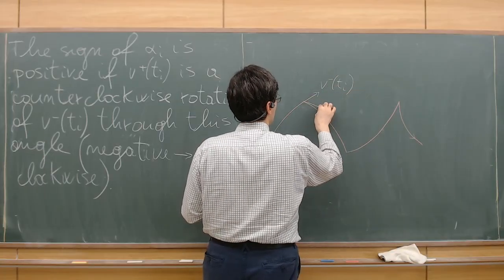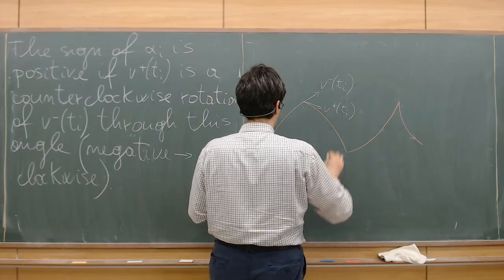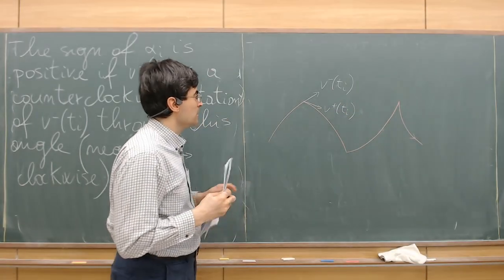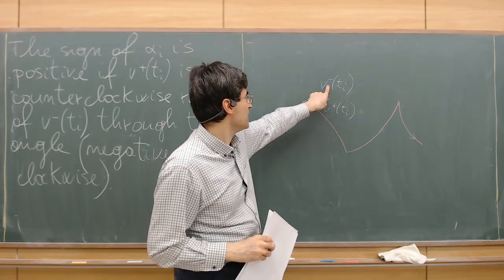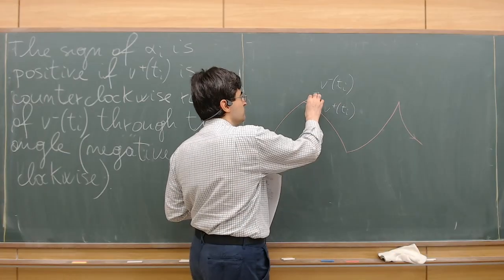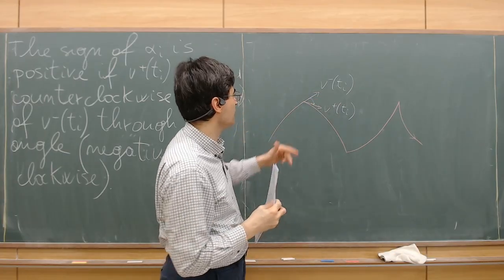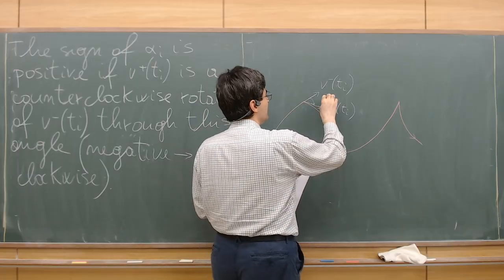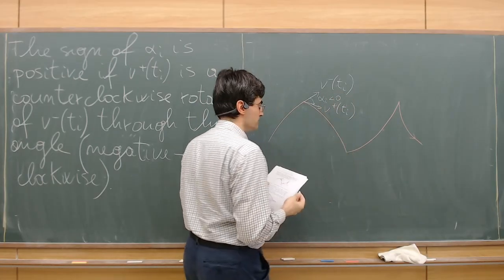Instead, this is the vector V plus Ti. And in this case, V plus Ti is obtained from V minus Ti by a clockwise rotation. So this means that alpha i in this case is negative.